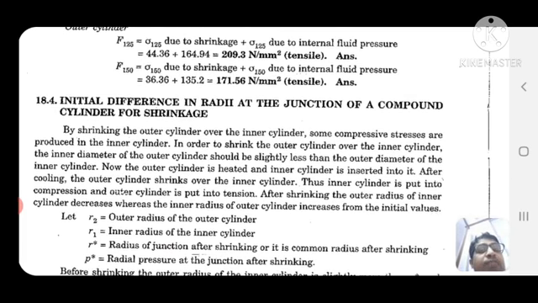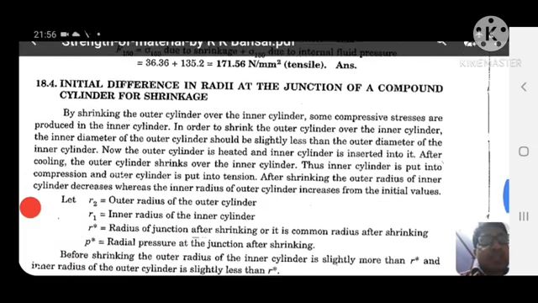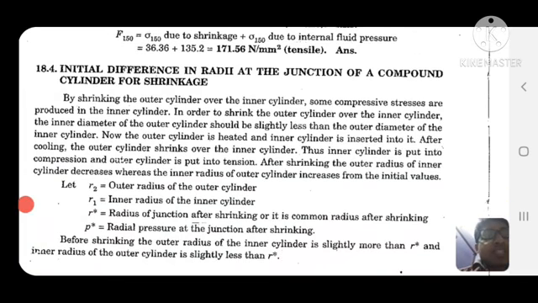So F150, that is equal to sigma 150 due to shrinkage plus sigma 150 due to internal fluid pressure. So after calculating we get 36.36 plus 135.2, that is equal to 171.56 Newton per millimeter square, that is tensile.